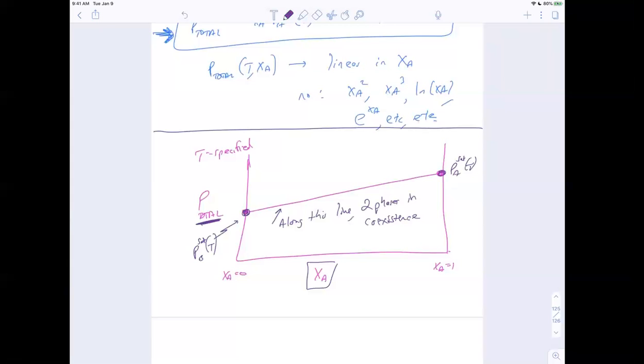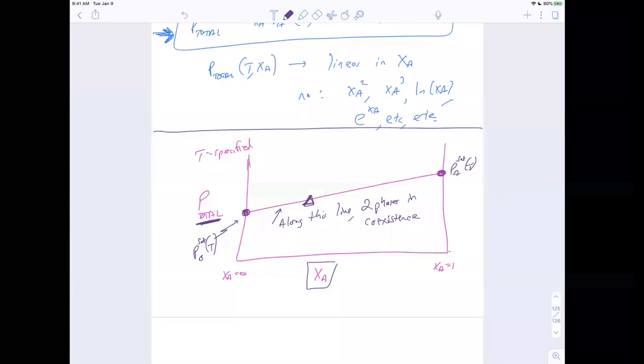What happens here if I raise the pressure? So let's say I'm at this point. Let this be this triangle point right here. So we know I'm at a composition X sub A and X sub B, and I'm on this line. So I have two phases in equilibrium. The total pressure is given by the value, whatever that is on that line.